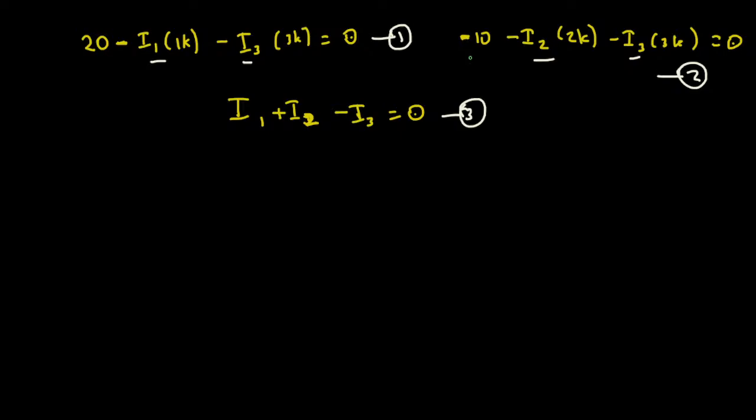To make this easier, we have to reduce it to one unknown variable. Instead of I1 plus I2, we can substitute I3. If you rearrange the third equation, I1 plus I2 is equal to I3. So whenever we see I1 plus I2, we can replace it with I3.